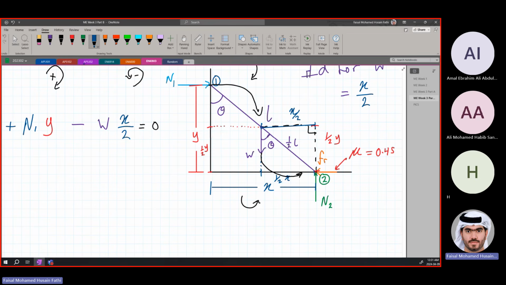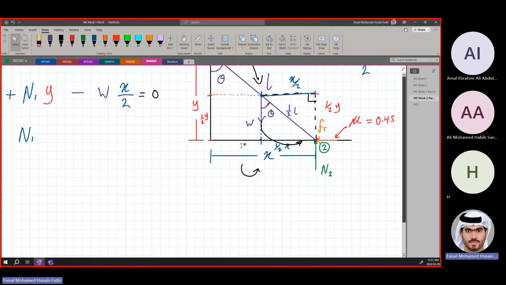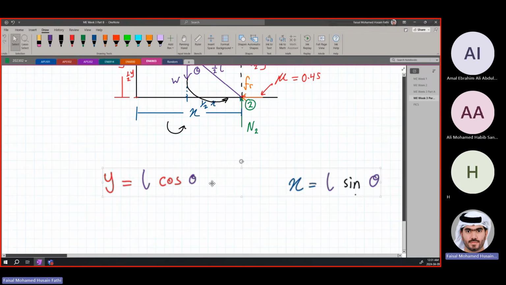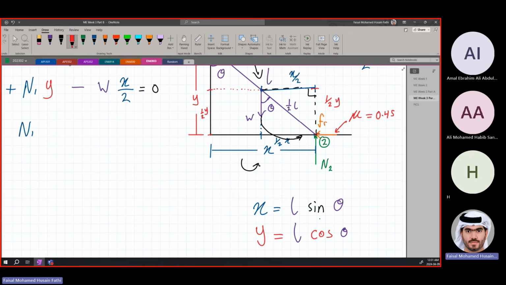We can simplify this a bit more. N1 times, now we need to substitute for Y. Remember earlier we found relations for Y and X. Now we're going to use these two relations to substitute them back into this equation. Okay, so we have Y is equal to L cosine theta minus W into X, which is L sine theta divided by 2.